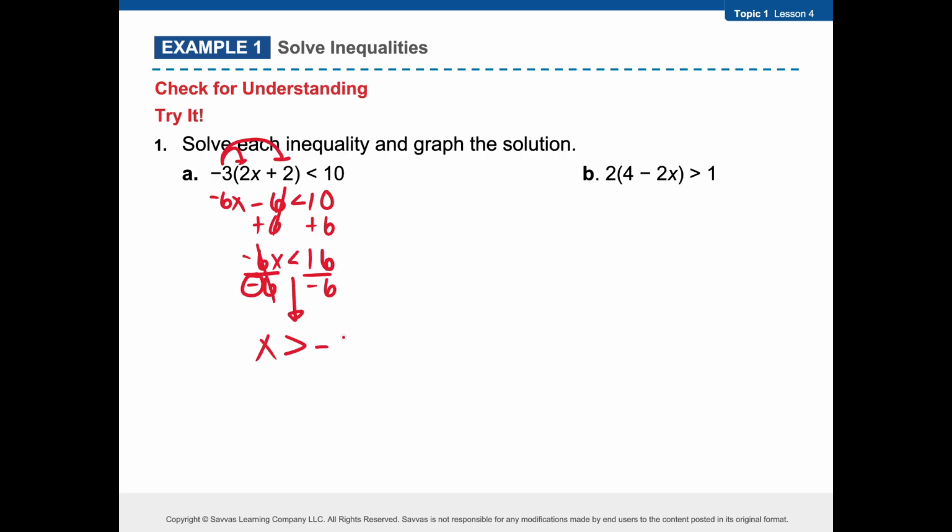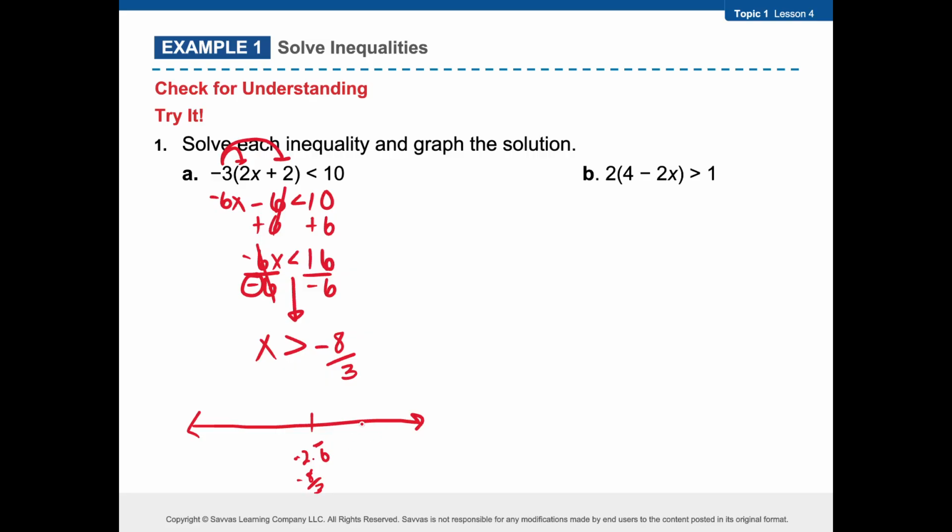And then 16 and 6 can both be simplified by 2. 2 goes into 16 8 times, and 2 goes into 6 3 times. To help you graph, you could divide 8 divided by 3, and it gives you -2.6 repeating, which would be your -8/3.